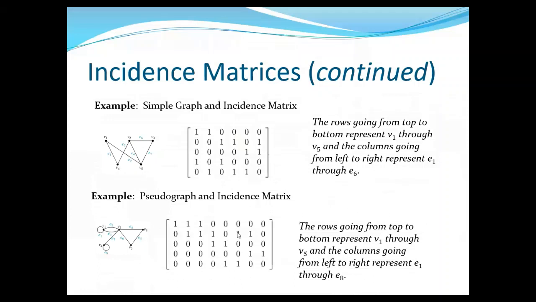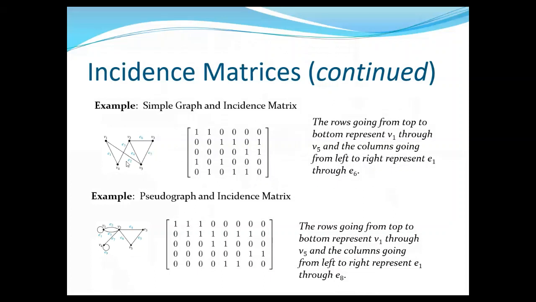For example, we have 5 vertices here, V1 to V5. The first row is for V1, the second row is for V2, the third row is for V3, the fourth row is for V4, and the last, the fifth row, is for V5.